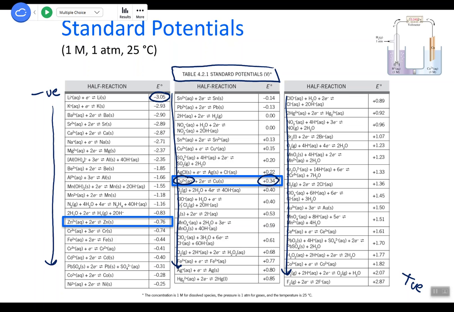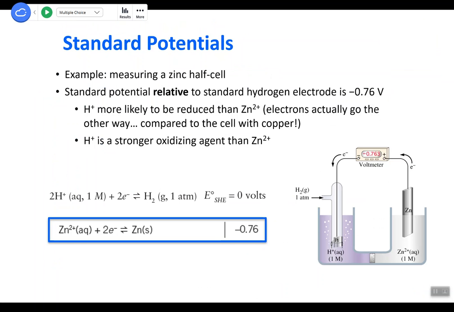There's copper 2+. The next one we're going to look up is zinc. And we know that zinc was also in this Daniell cell, one of the first batteries. But zinc has a negative value. So let's see what that means. If we immerse zinc in a zinc 2+ solution with a 1 molar concentration, the voltmeter is going to read negative 0.76 volts.